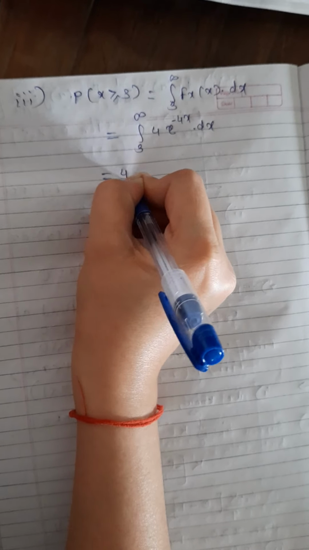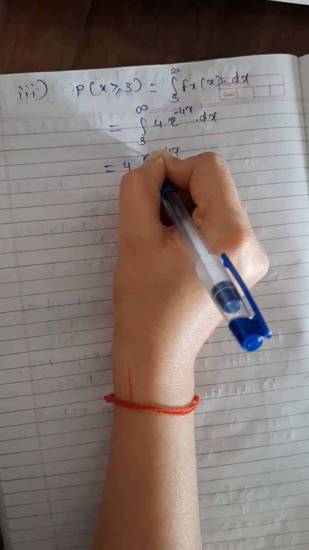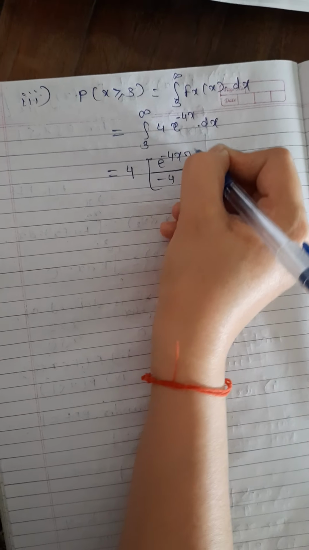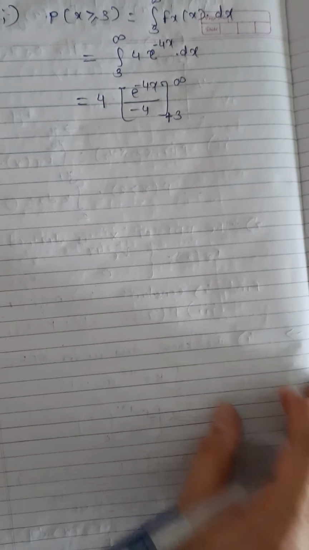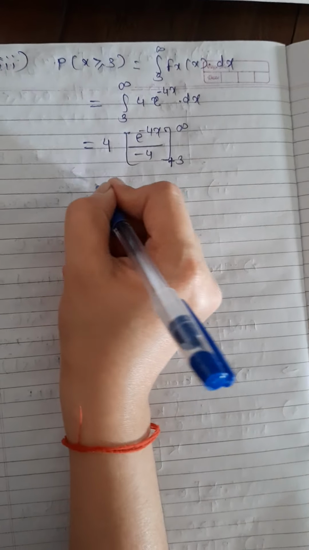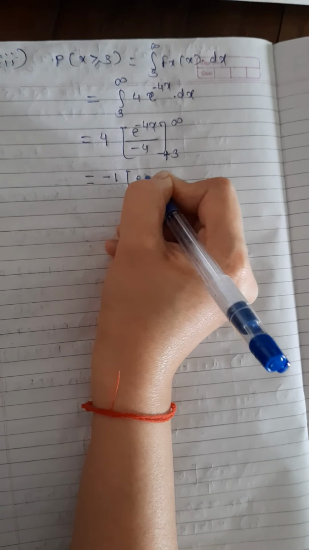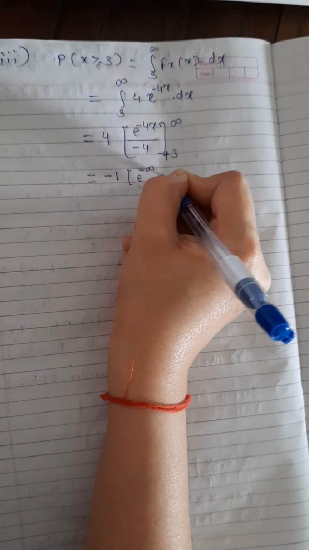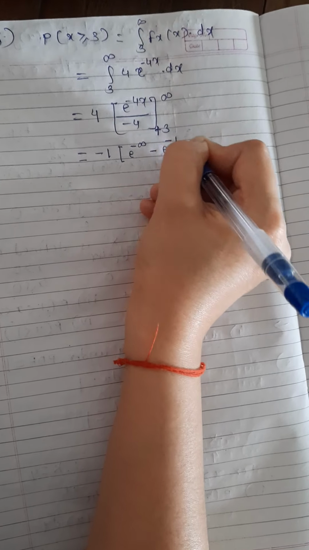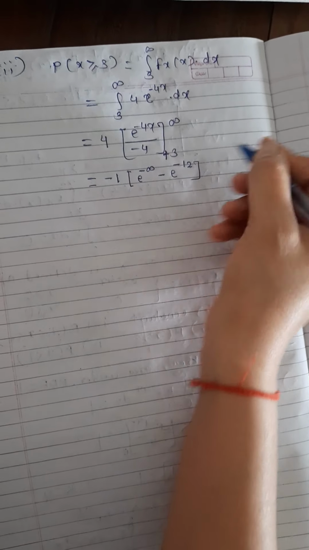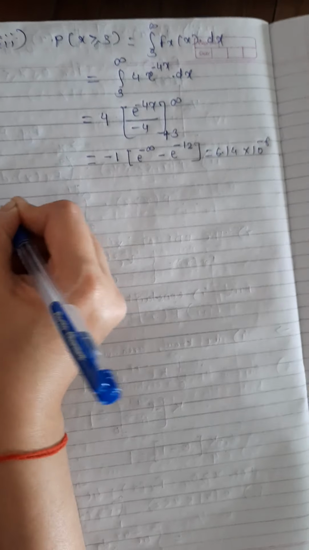So 4 is constant outside the integration, e raised to minus 4x by minus 4, from 3 to infinity. 4 gets cancelled, it is minus 1 into e raised to minus infinity minus e raised to minus 4 into 3 which is 12. So this value is 6.14 into 10 raised to minus 6.